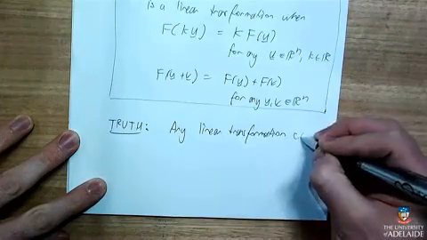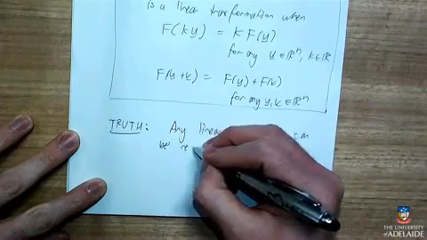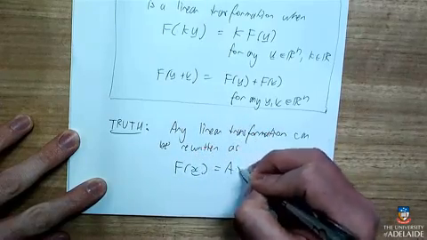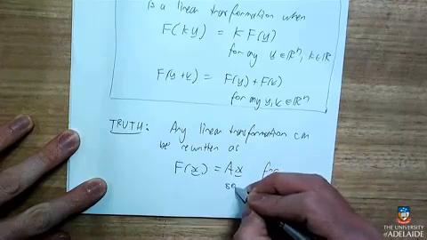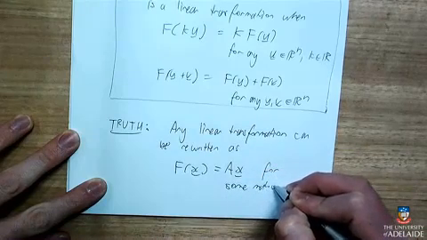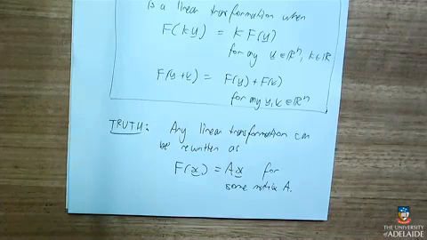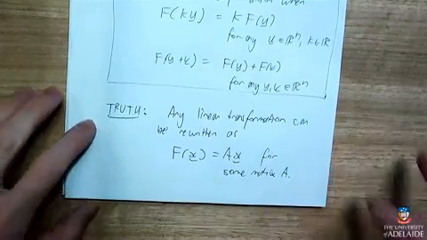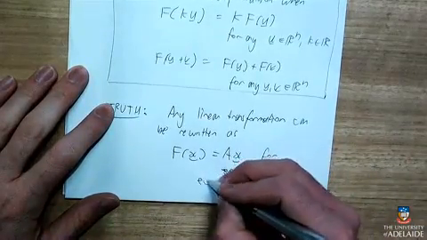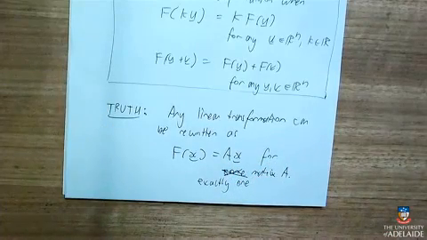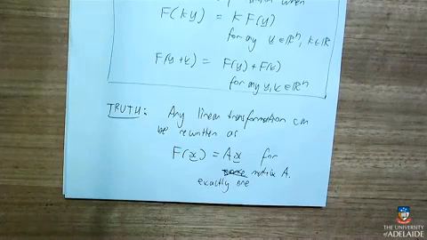Any linear transformation can be rewritten as f of vector x is A times vector x for some matrix A. And in fact, it's not just some matrix, it's exactly one matrix. There's only one way to actually do this. And that matrix is called the standard matrix for the linear transformation.